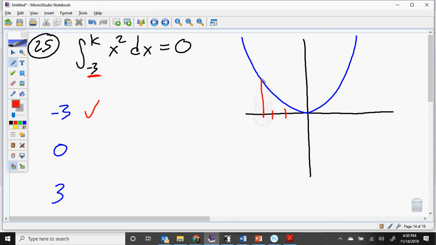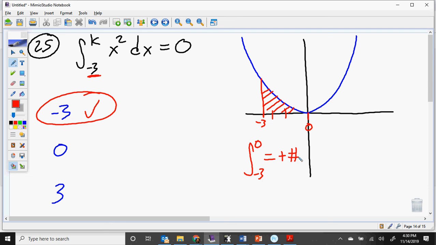If I do the integral from negative 3 to negative 3, I'm not moving, I get a 0. We talked about that already. If I find the integral from negative 3 to 0, I would find that area right there. So the integral from negative 3 to 0 would give me a positive number. I don't know what number it is, but it would be a positive number.